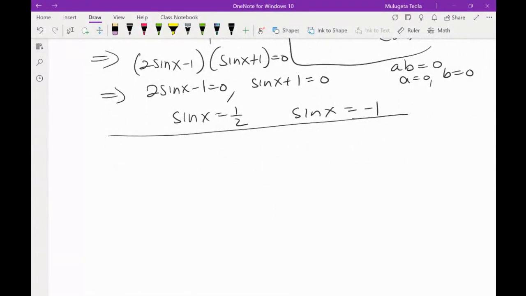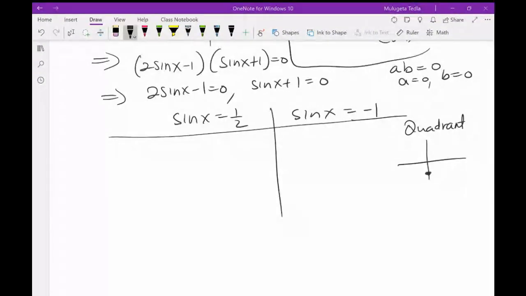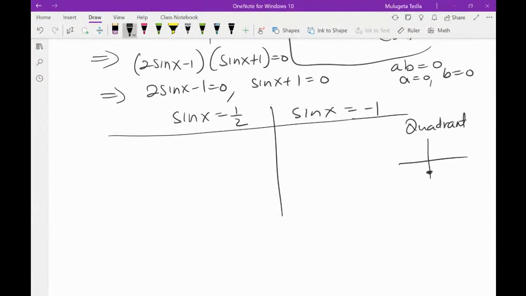So there are two cases we have to resolve. This one is a quadrant angle, so it's very easy. It's only one solution. Sine of x is negative 1 when x is 3 pi by 2, or you can answer negative pi by 2.